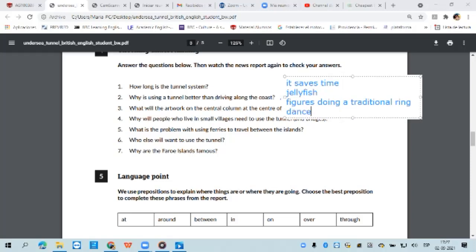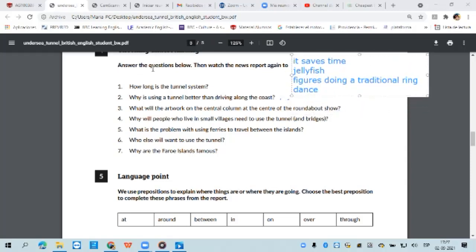Let's see. Why will people who live in small villages need to use the tunnel and bridges? To get to their new jobs. Very good. Number 5, what is the problem with using ferries to travel between the islands?